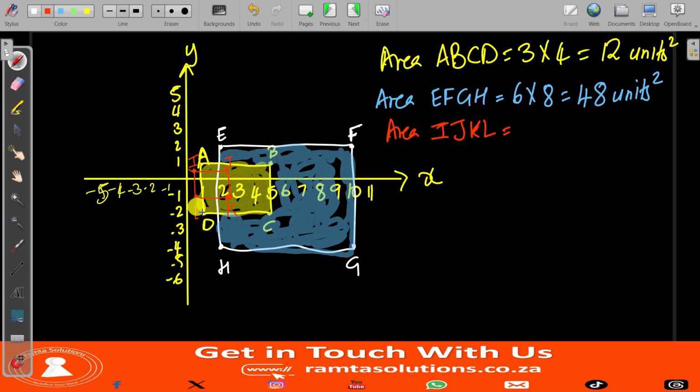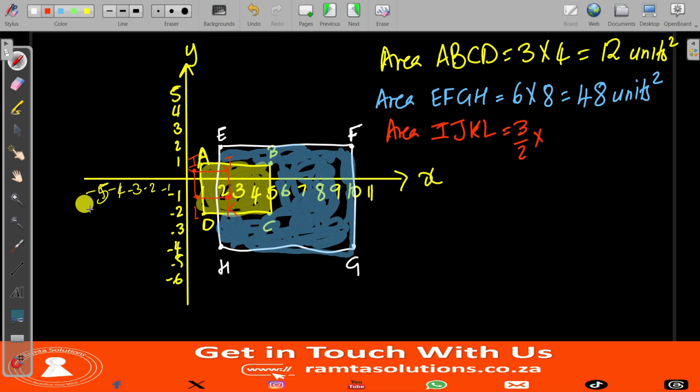The y value of L is -2. No, is it -2? No, it's -1. So from positive half to -1, this looks like it will be 1.5, which is 3/2.